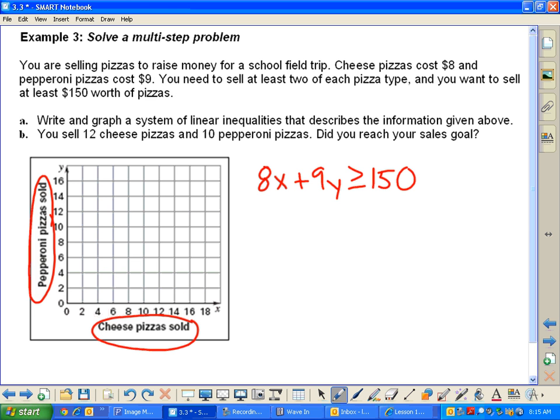You need to sell at least 2 of each pizza type. How do you write that as an inequality? Go ahead, Will. Good. That's it. So this time around we're shading 3.